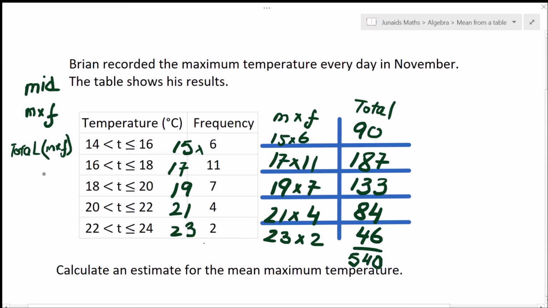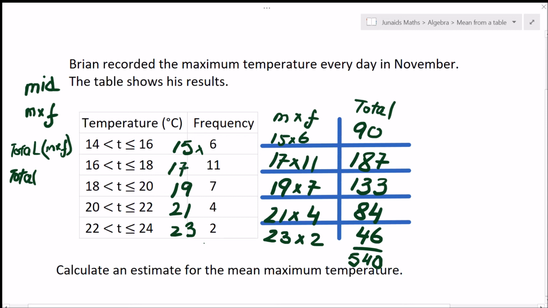Okay, now what is our next step? The next step is that we're going to add up all the frequency, so total of frequency. In statistical language they use sigma f x and stuff, but I won't be using it here because that can make things a little bit complicated for students.